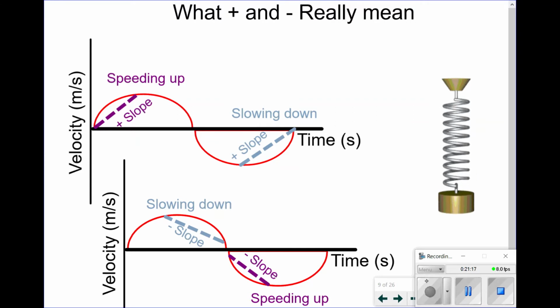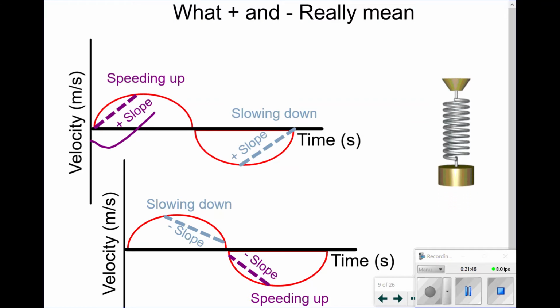Remember, when looking at slopes, which are actually vectors, positive and negatives do not mean to gain or lose. They rather mean just direction. If my velocity is positive and my acceleration, which is the slope of my velocity versus time graph, is also positive, then I am speeding up, which we can see right here. Now, some people say positive slope, so it must be speeding up.